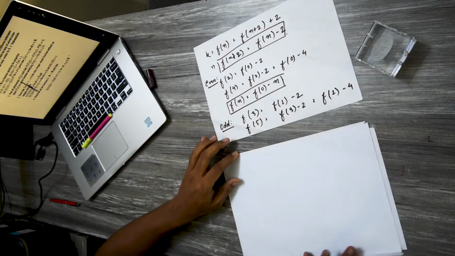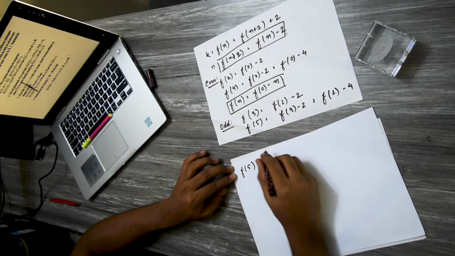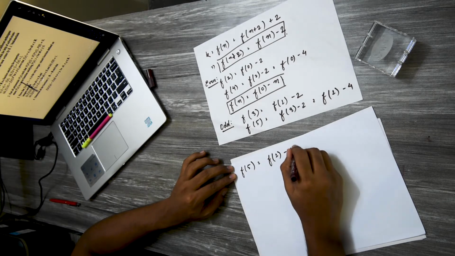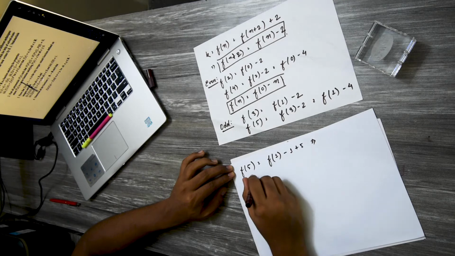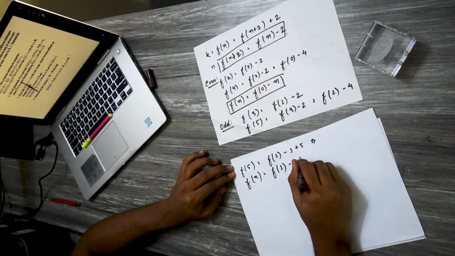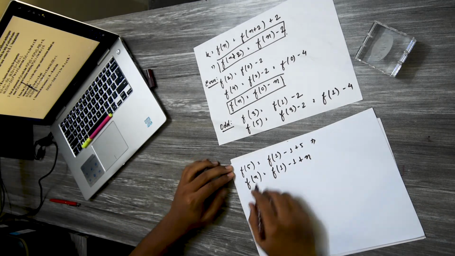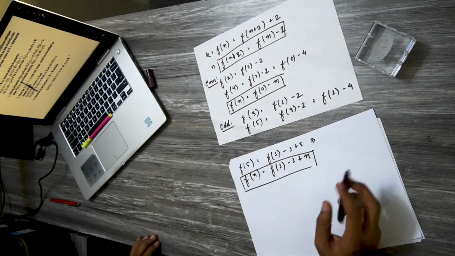Yeah. Now again we can see a pattern emerging here, and the pattern here is f(5) is equal to f(1) minus 1 plus 5, or the pattern is finally f(n) is equal to f(1) minus 1 plus n, right? So this is for the odd ones.